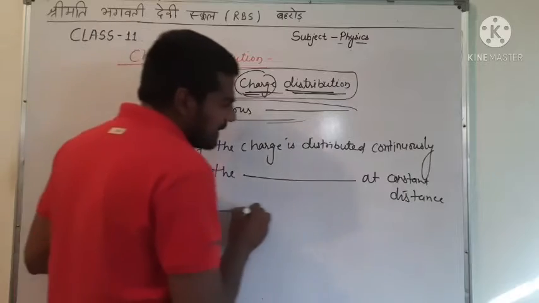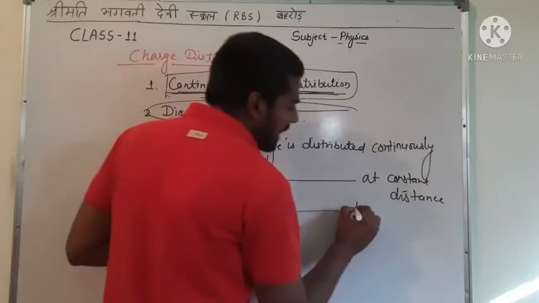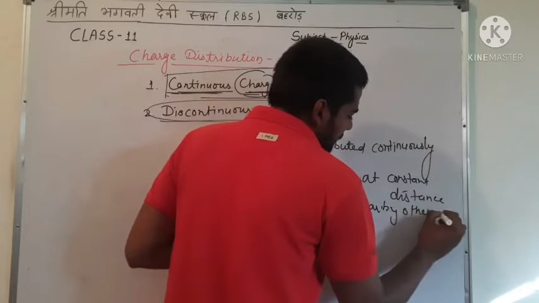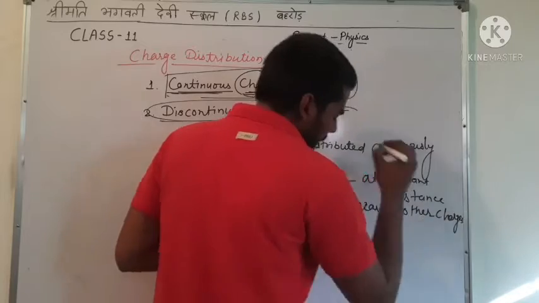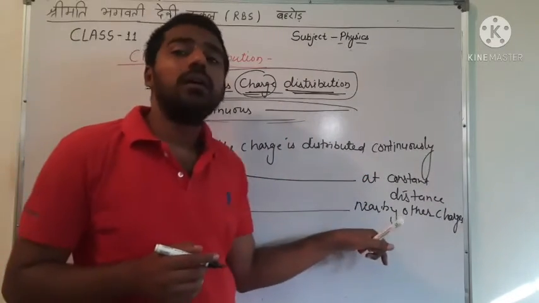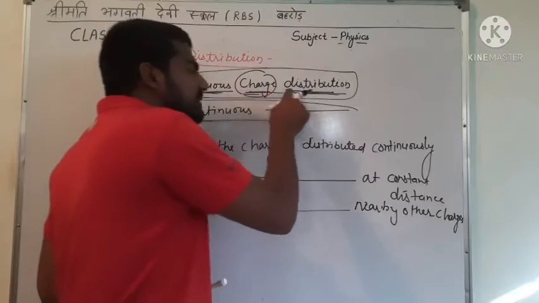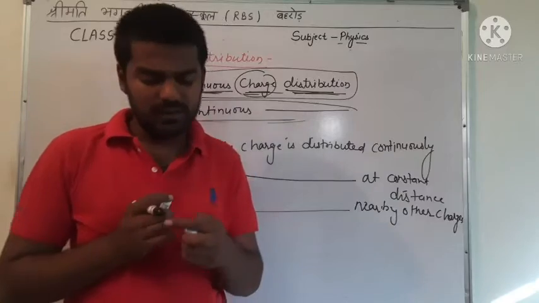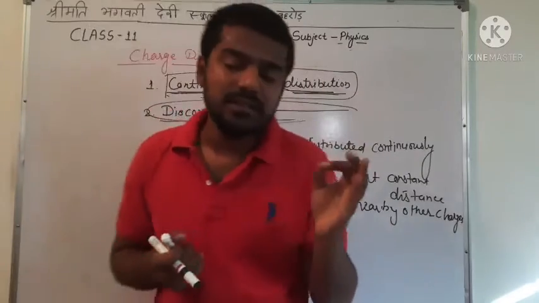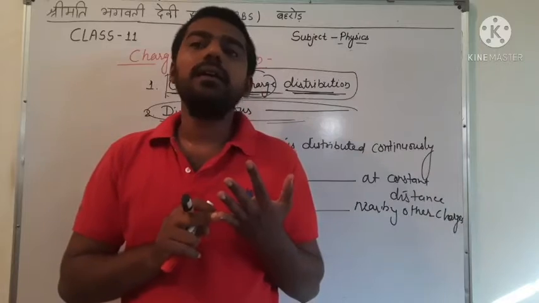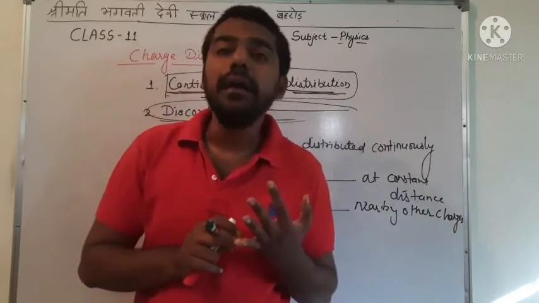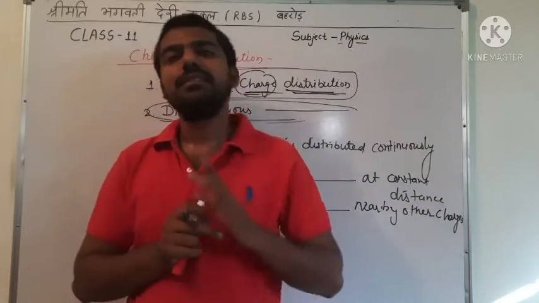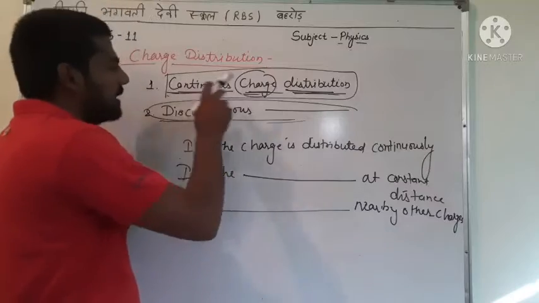Or if the charge is distributed nearby other charges, then it is called continuous charge distribution. So, what is continuous charge distribution? If the charge is distributed continuously, or at a fixed distance, or nearby other charges, then it is called continuous charge distribution.